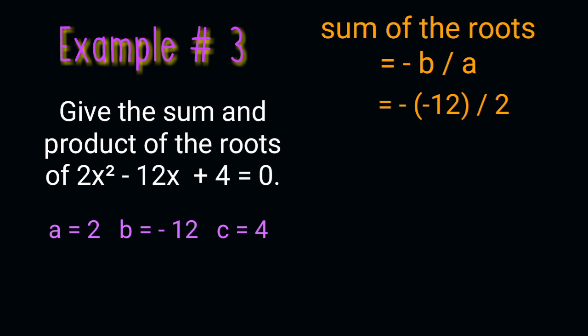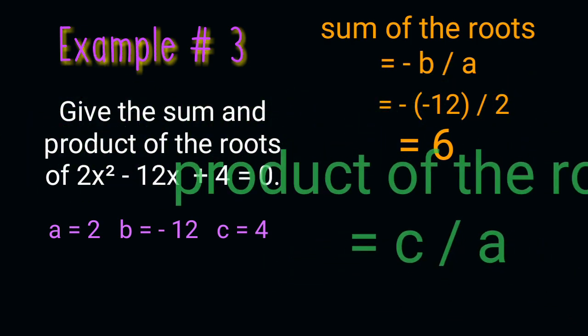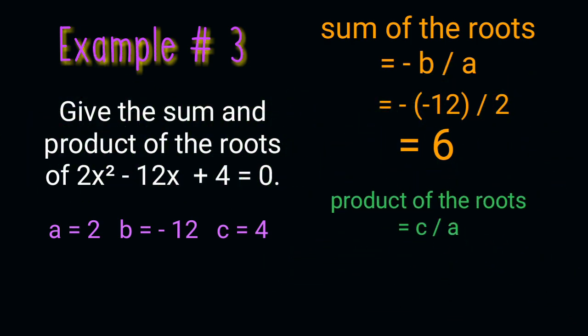Negative times negative 12 is positive 12, over 2, so magiging 6. Product of the roots is equal to c over a. c is equal to 4 divided by the value of a, which is 2. So 4 over 2 is equal to 2. So the sum of the roots is positive 6 and the product of the roots is positive 2.